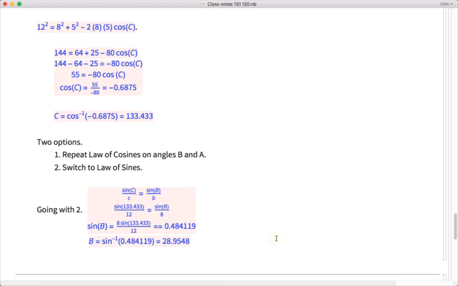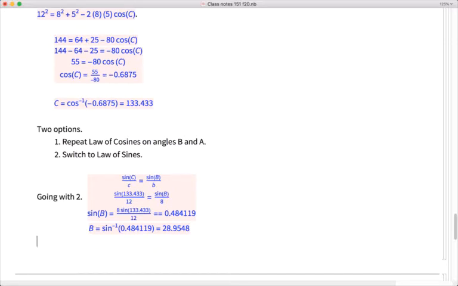Remember, the third angle should always be coming to you essentially for free. So angle A was the last one, it is 180 minus B minus C. So that's definitely the best way to get that last angle.